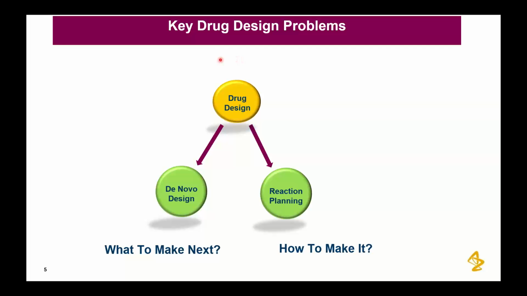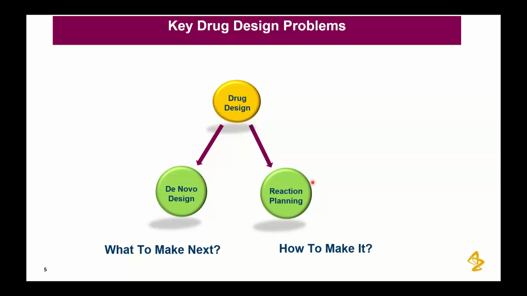I think the two main questions that pop out when we speak about drug design are what to make next as a compound, and how to make it. These are two different branches that we're trying to address at Molecular AI. Reaction planning is a topic on which my colleagues are a lot more competent, so you may pick some of the faces from the previous slide to give you a much better presentation on that topic.